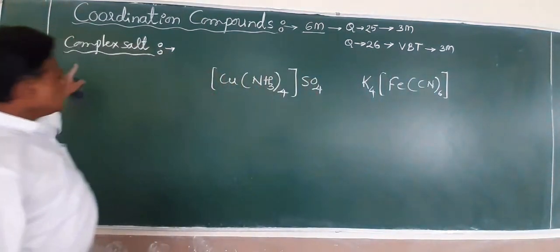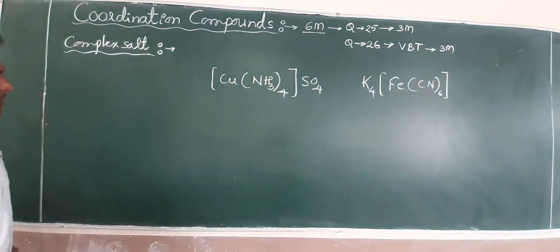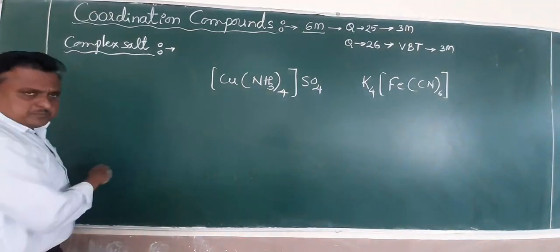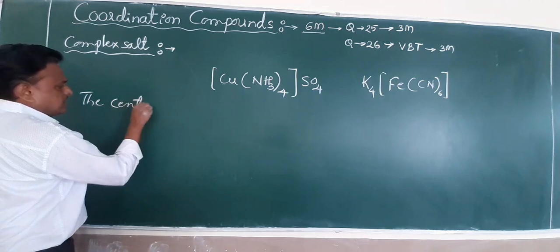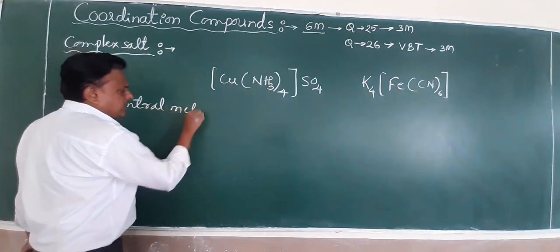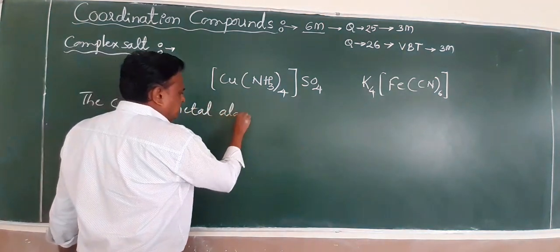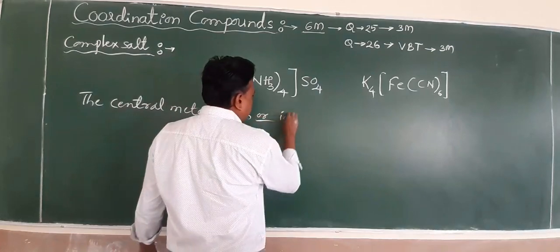A complex salt or coordination complex is nothing but a central metal atom or ion surrounded by electron donor atoms called ligands.